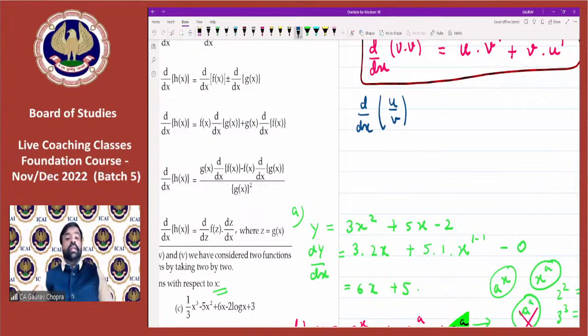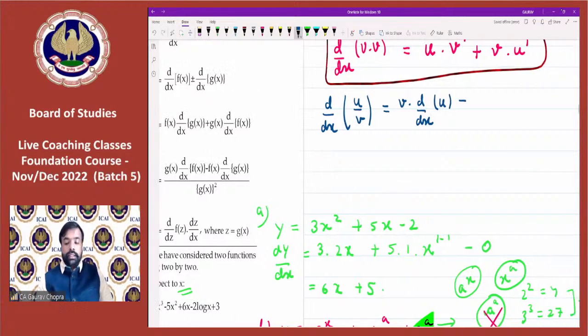So this time, this is u divided by v. First of all, we have to keep v as it is and find d by dx of u. Then minus u as it is, d by dx of v.